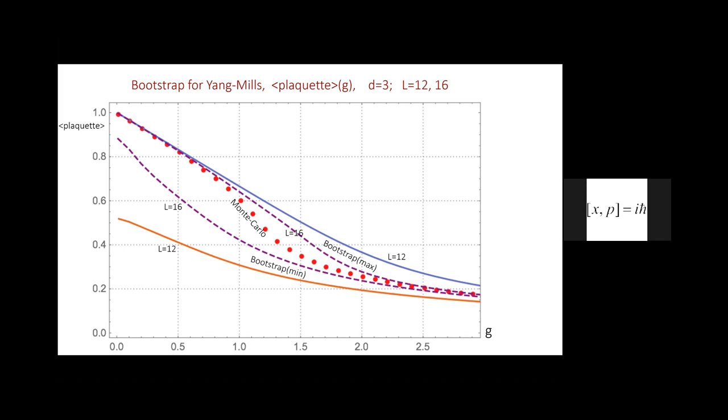It appeared already that in some region the exact solution is almost in the middle of the allowed region, but in some region the exact solution is very close to the minimization of the energy. Yeah. Okay.